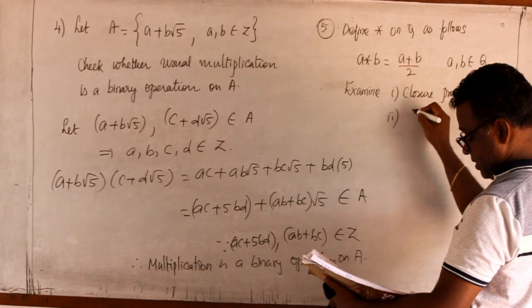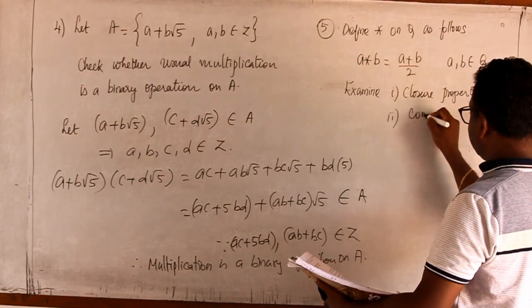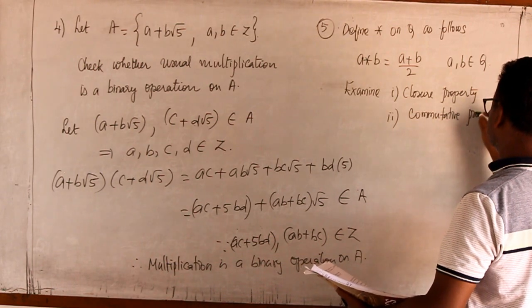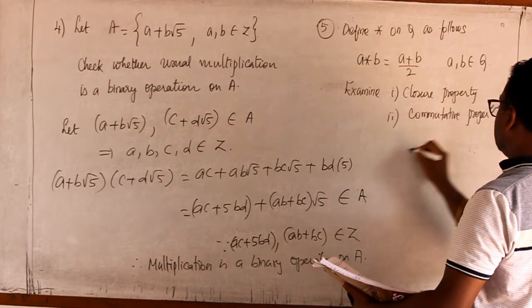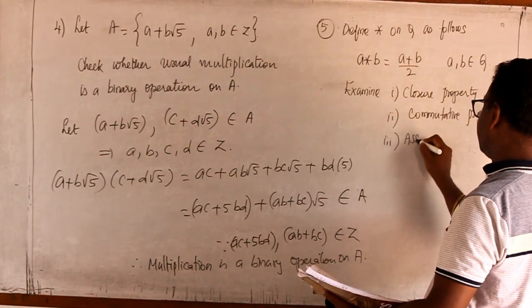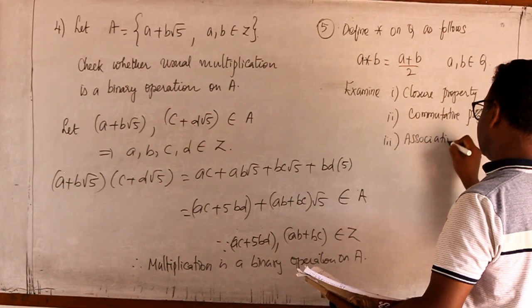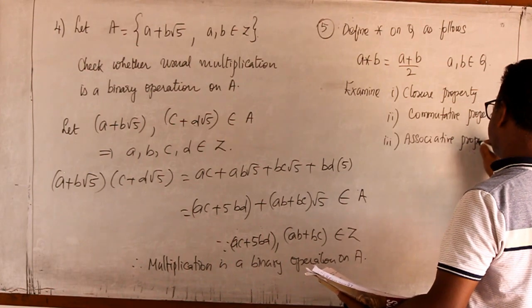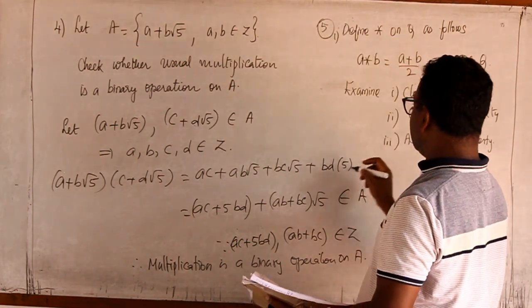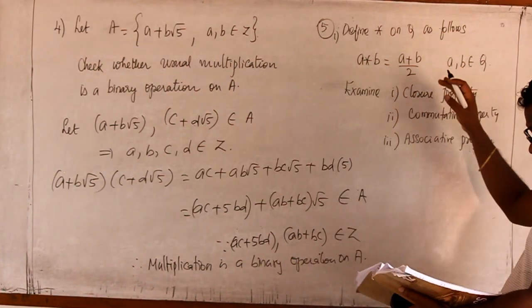Second one, commutative property. Third one, associative property. Now, let me combine problem number 1 and also 2 because it is the same operation.